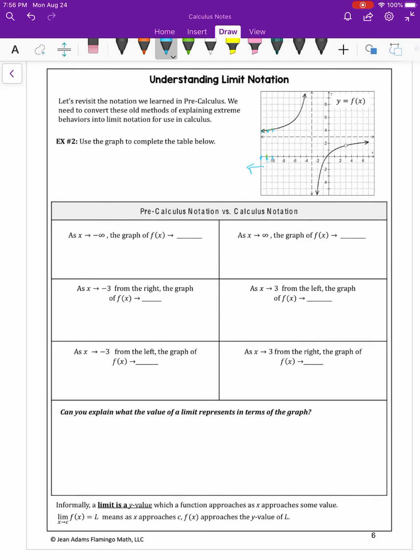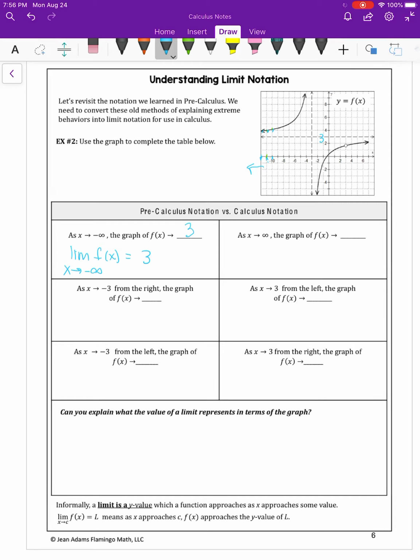If I kept doing this, my y values are approaching 3. And so if I wanted to put that in limit notation, I would say that the limit as x approaches -infinity of the function f of x is 3.